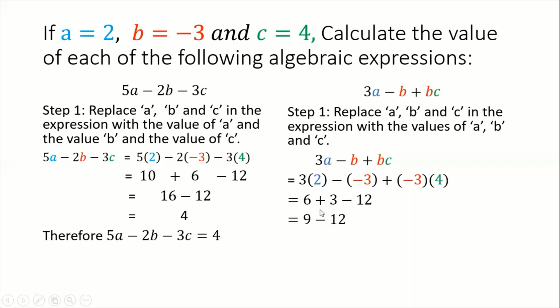So that is going to give us 9 minus 12. Then we combine that. So 9 minus 12 is negative 3. So therefore, our summative sentence is 3A minus B plus BC is equal to negative 3.